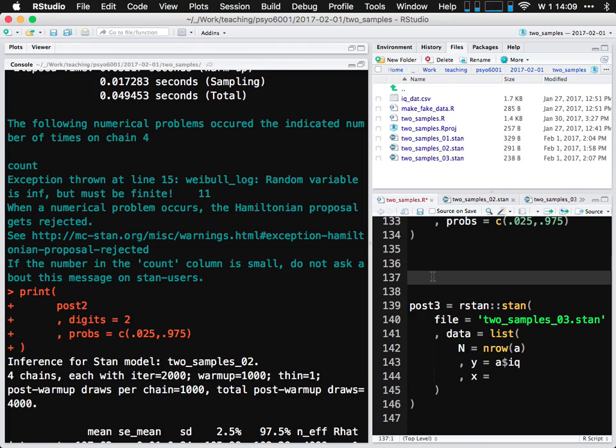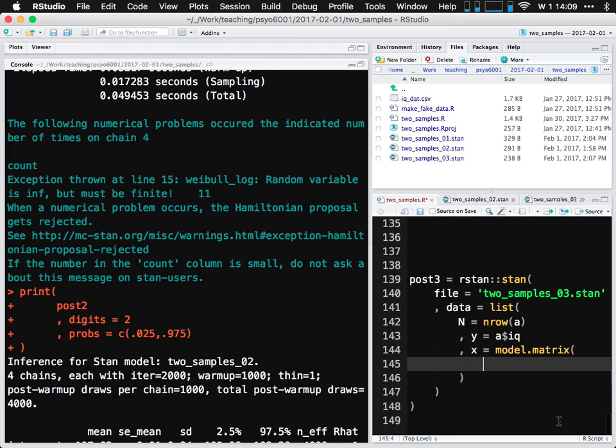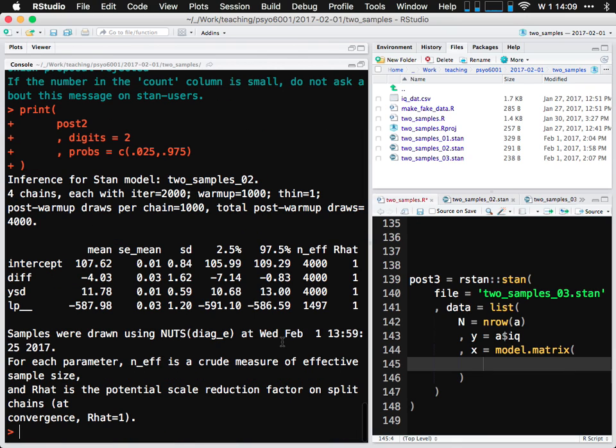The way that I'm going to show you right now is a little bit more typing than other ways, but it will introduce a tool that will be useful to you guys. So I can just put it down here. I'm going to call the function model.matrix, and whatever this function returns will be assigned to x.